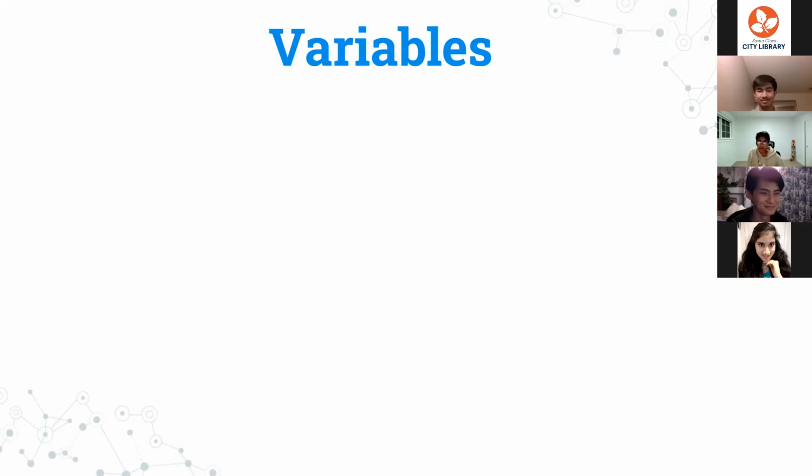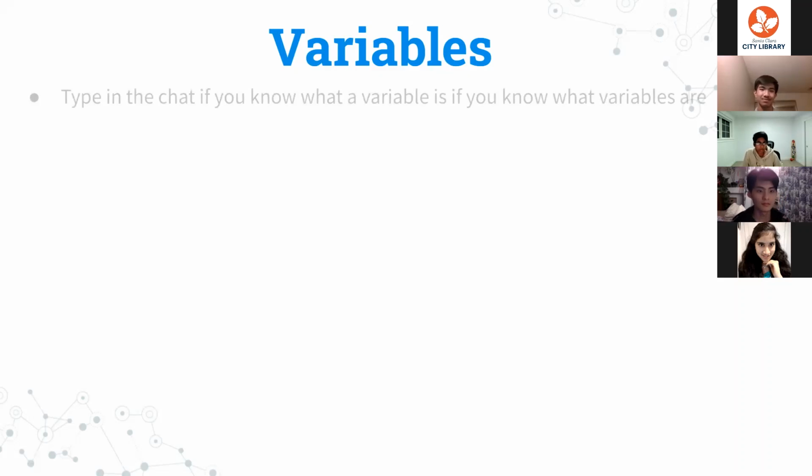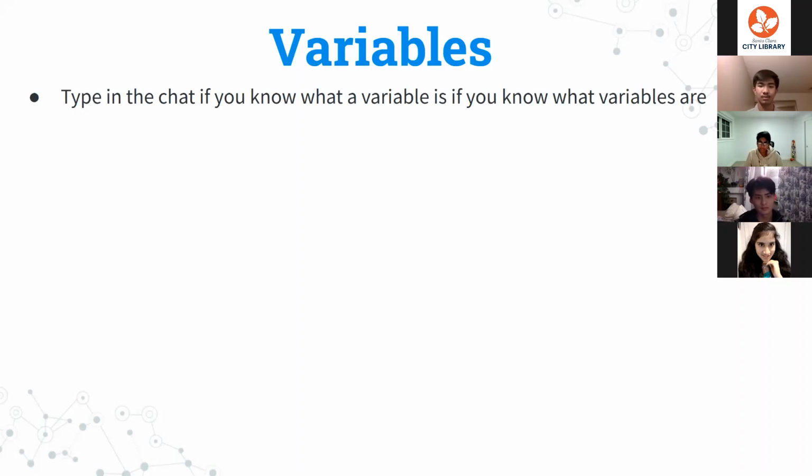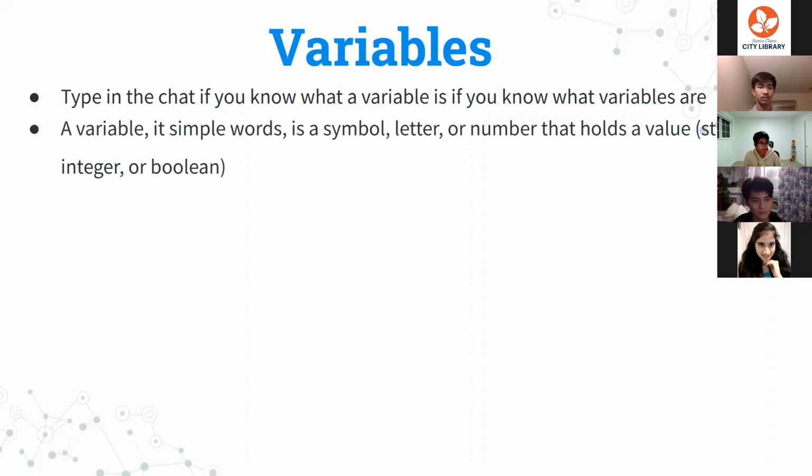Okay, I think we can move on from our math and logical operator slide. Variables are a way to store data, and they're used in almost all programming languages. I think a lot of people here know what they are.